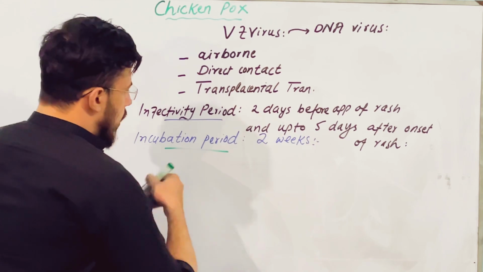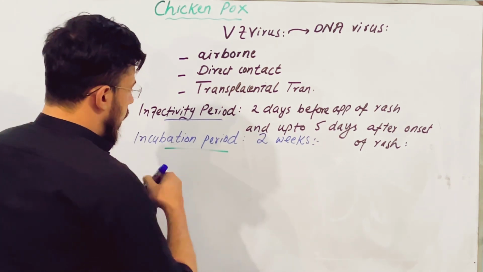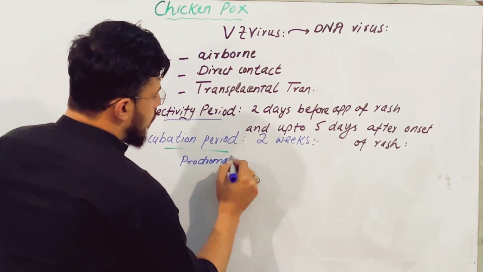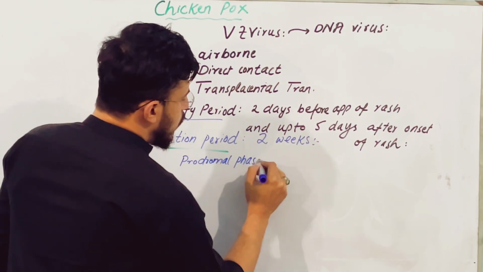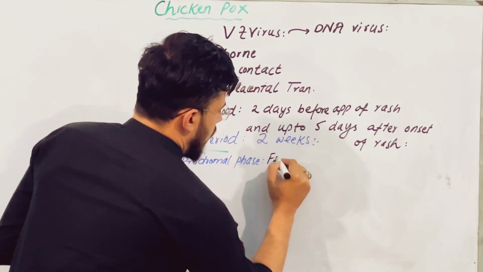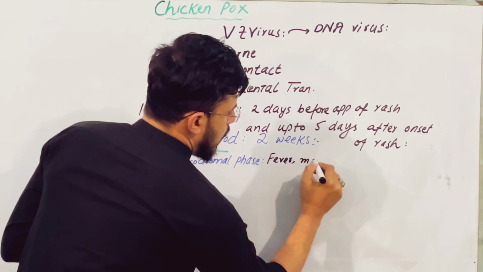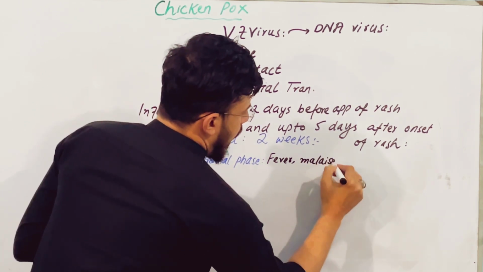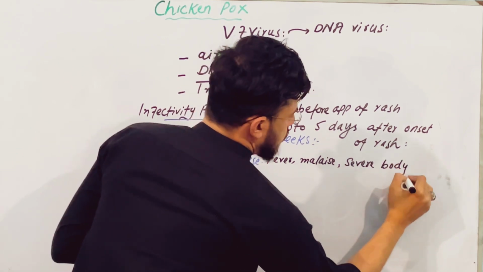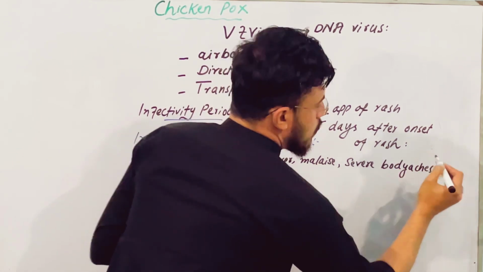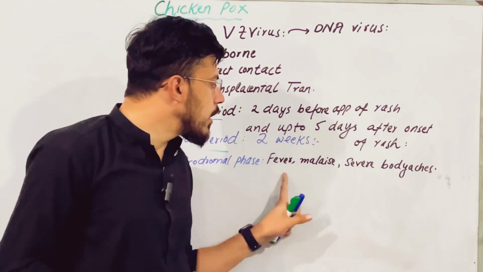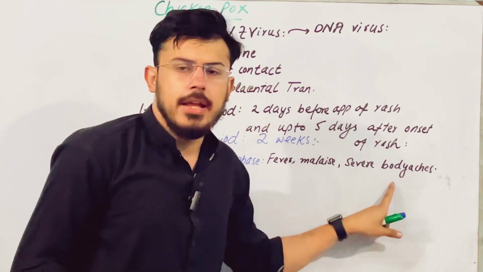So what is the prodromal phase? In the prodromal phase, the patient gives a chief complaint of fever, malaise, and severe body aches. It's very important: the prodromal phase consists of fever, malaise, and severe body aches.